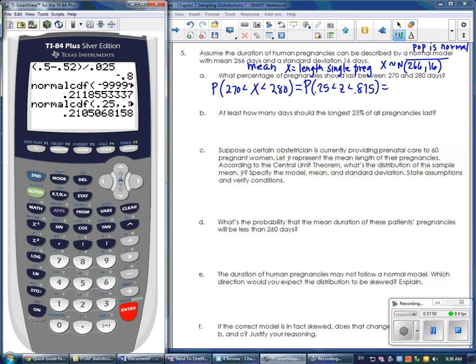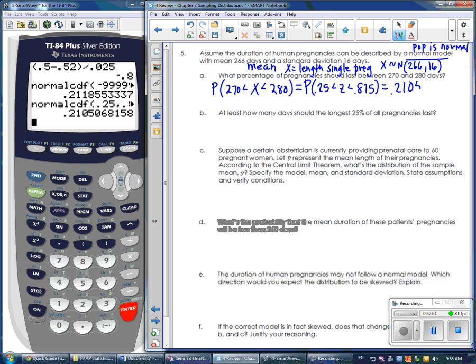And I get that my probability is 0.2105. Okay, so that's the probability that a single pregnancy lasts somewhere between 270 and 280 days. And again, I'll go back and highlight everything later.